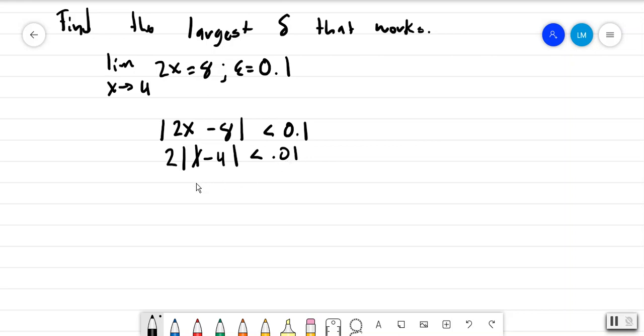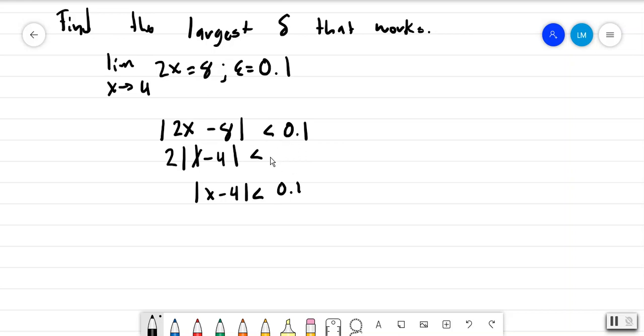But notice this, that you end up with the absolute value of x minus 4 is less than 0.01 divided by... it's not 0.01, is it? Yeah, it's 0.1. So that means this over here has to be 0.1. Sorry about that.